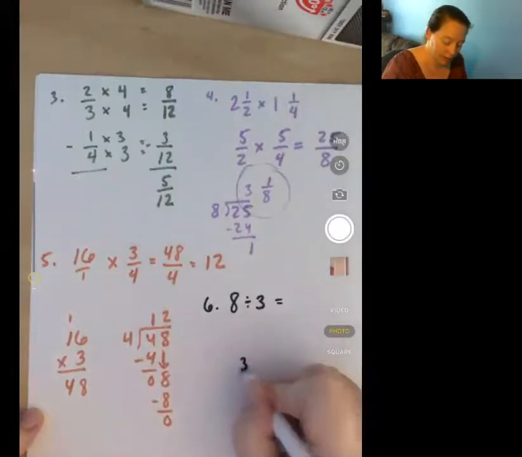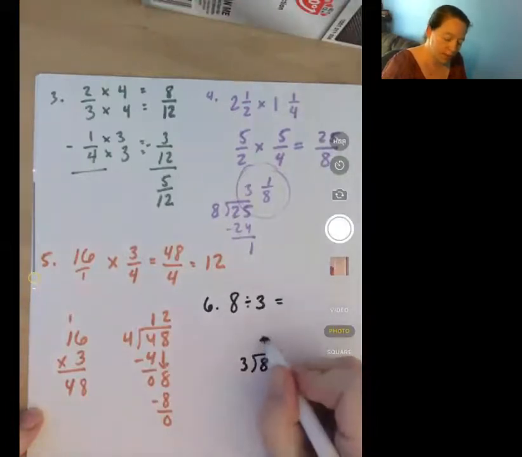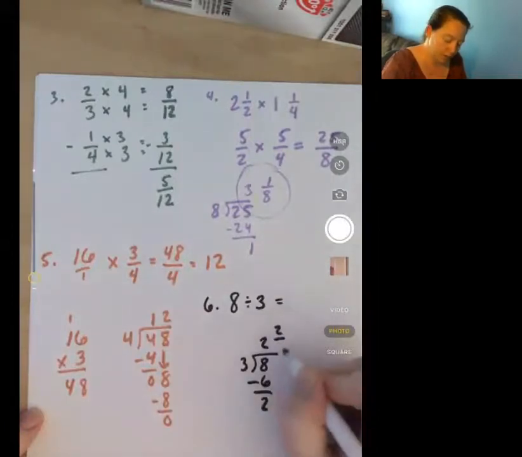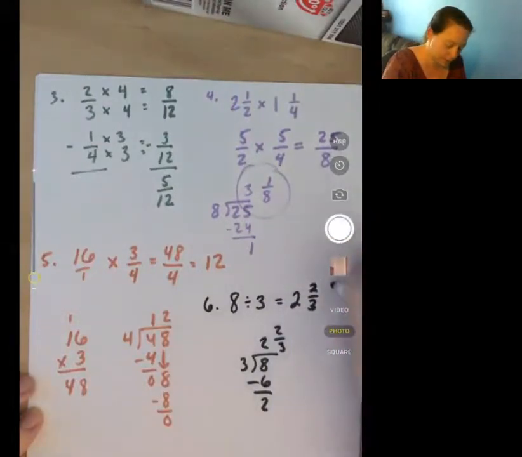Well, how many times does 3 go into 8? 3 times 2 is 6. 8 minus 6 is 2. So we bring the 2 up here, we put it over the 3, and I have 2 2/3 feet.